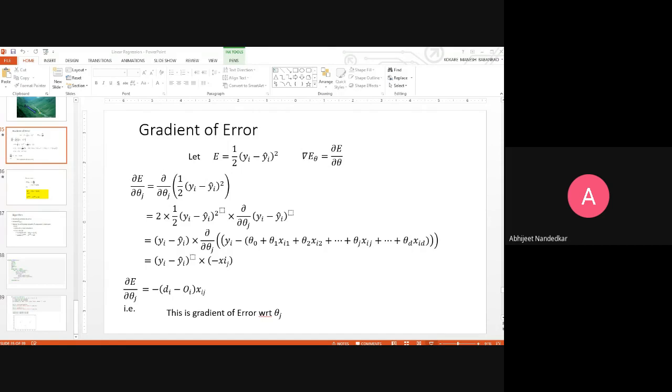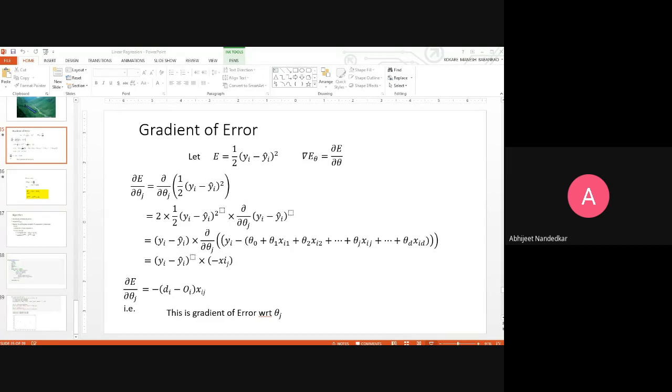Same thing I am writing in terms of matrix multiplication, a matrix multiplied by a vector. So what is x now? X is this particular matrix, which consists of x1, x11, x12, and so on up to x1d. It is a collection of all inputs. This is sample 1, sample 2, sample 3, and so on.